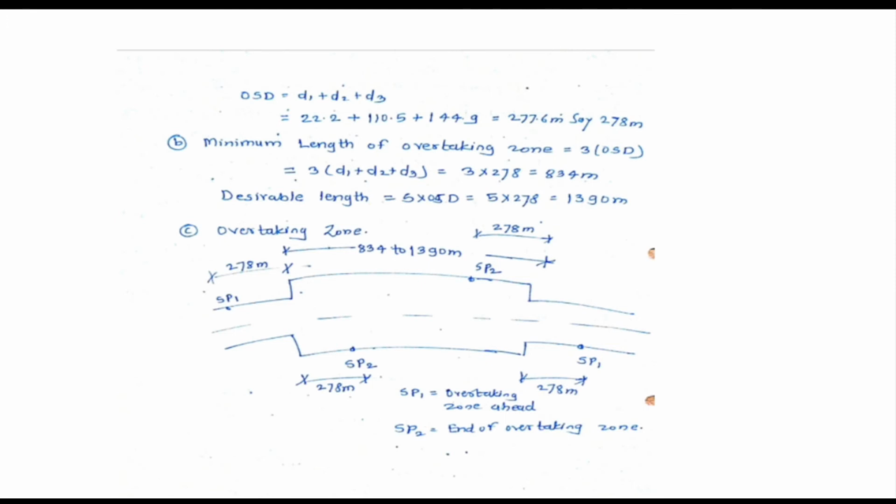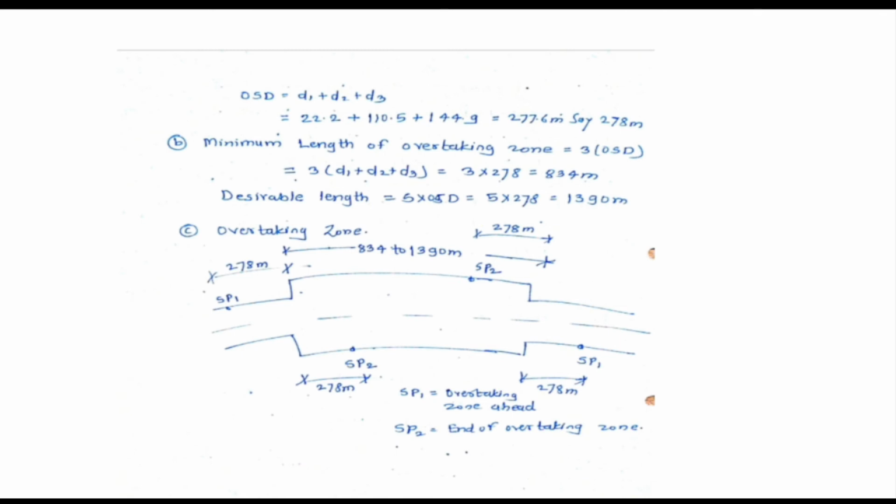So the minimum length of the overtaking zone will be 834 meters, and the desirable length will be 5 into the overtaking sight distance, that is 5 into 278, that equals 1390 meters.